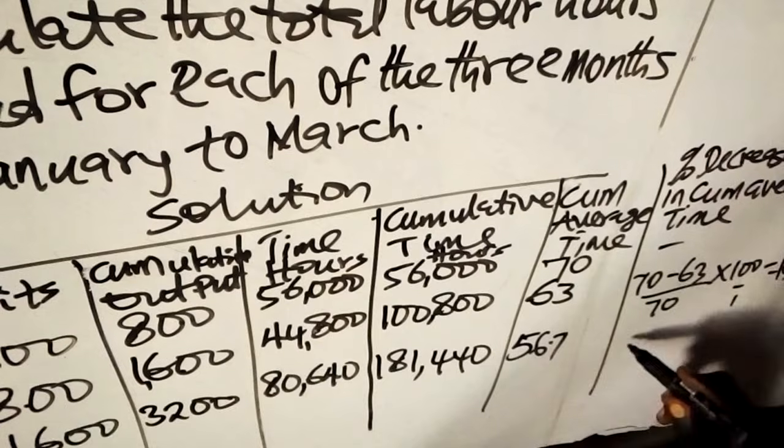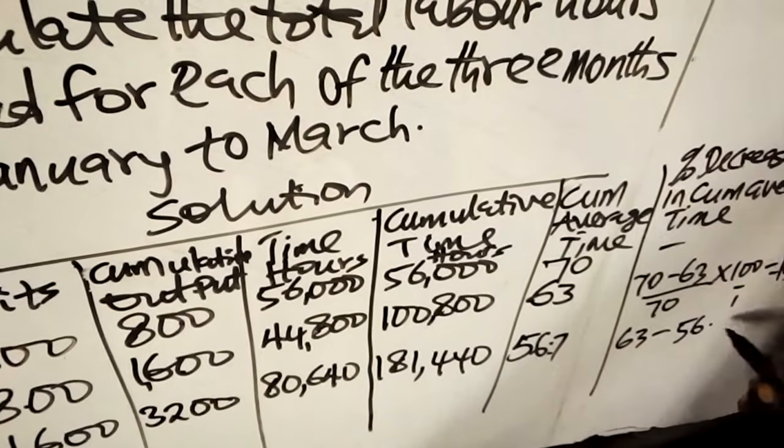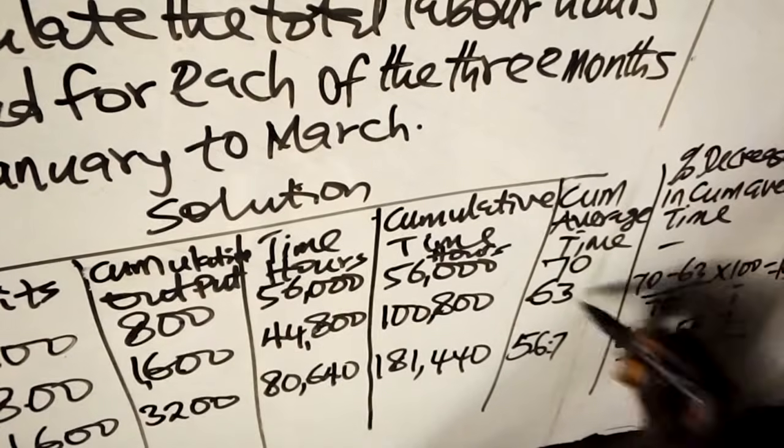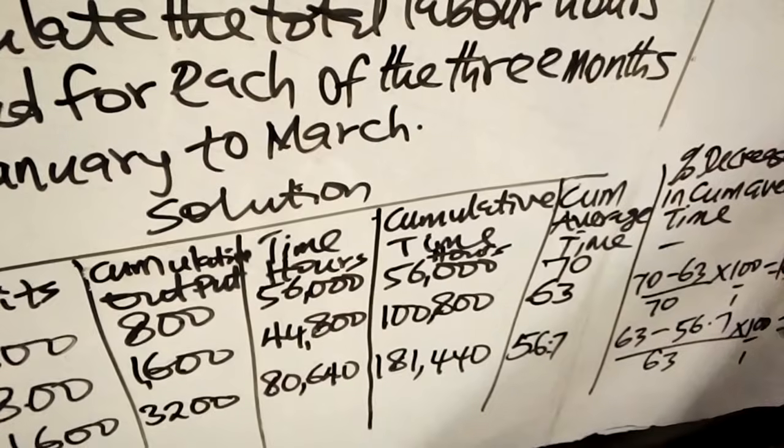Then the next one, 63 minus 56.7 over 63 times 100. 63 minus 56.7 gives 6.3. 6.3 divided by 63 is 0.1 times 100. So that is 10%.